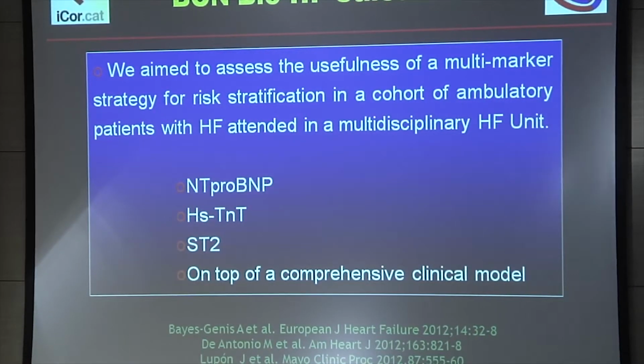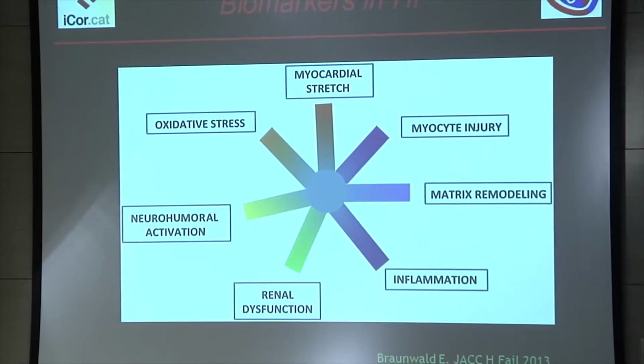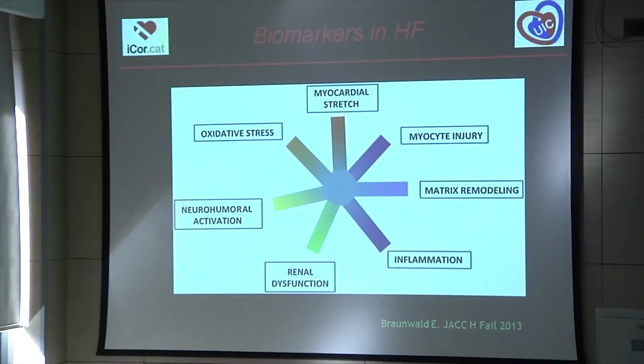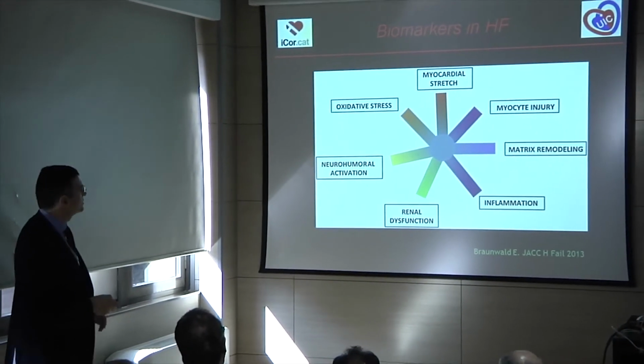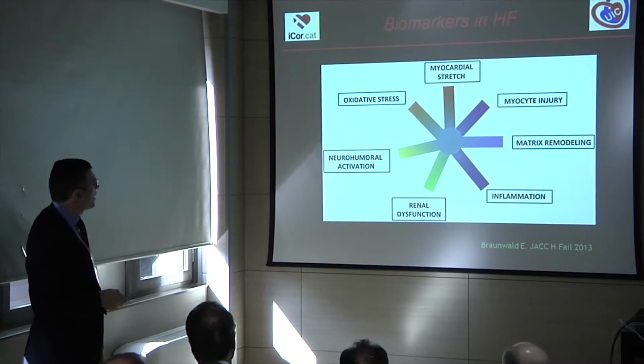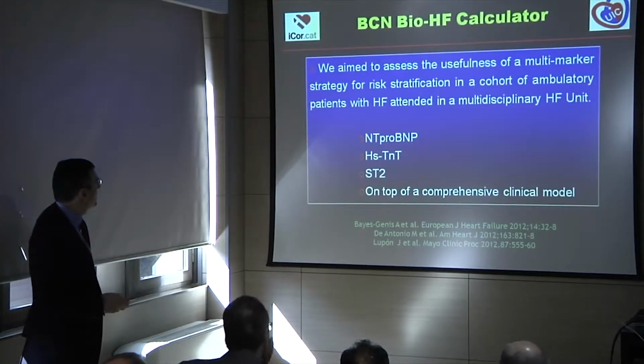Are we actually looking at all these factors? Let me explain how we approach this issue based on this chart proposed by Jim Braunwald, and how we approach almost all these areas.